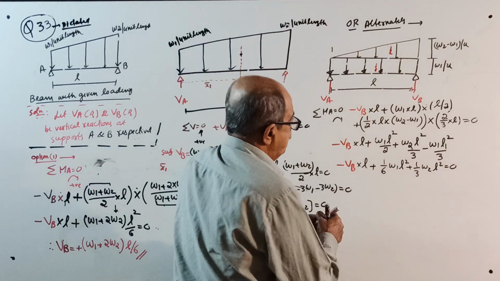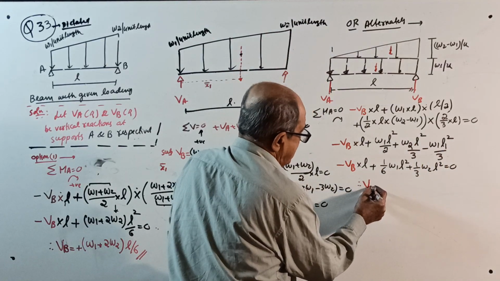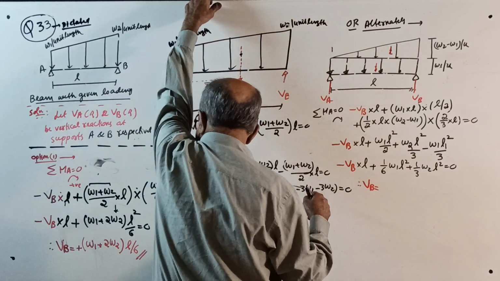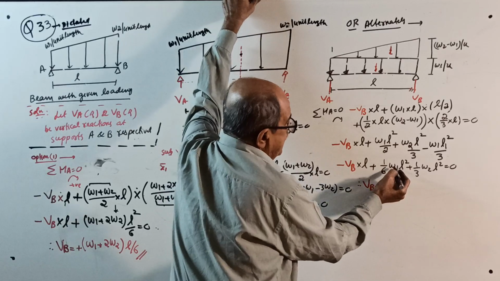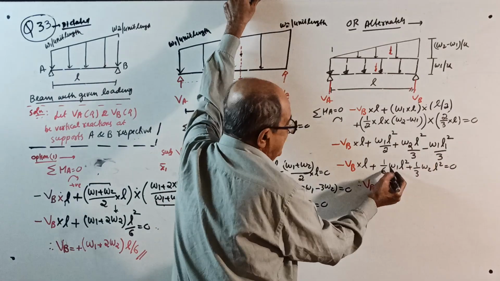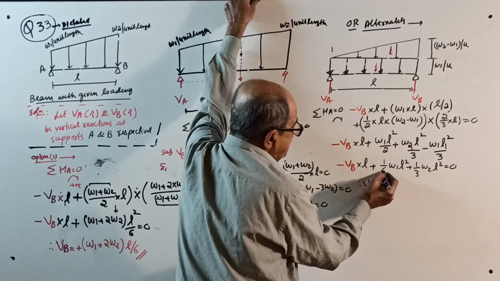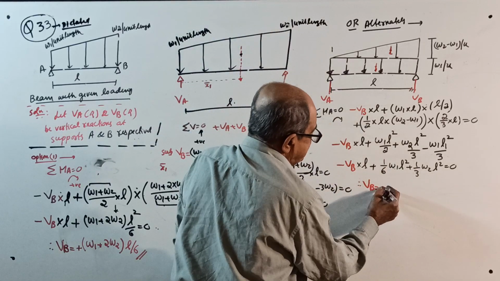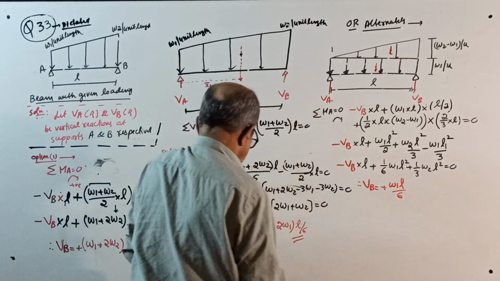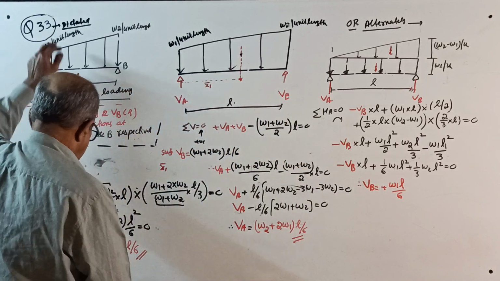Therefore, your VB equal to, take that side. When you take that side, this minus becomes plus that side. W1 L square by 6 by L becomes plus W1 L by 6. See the answer here.